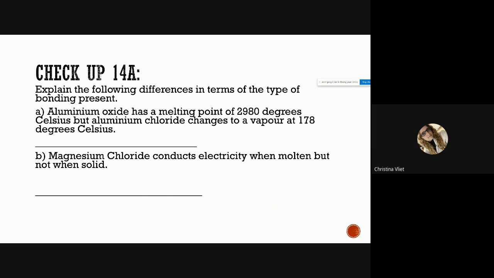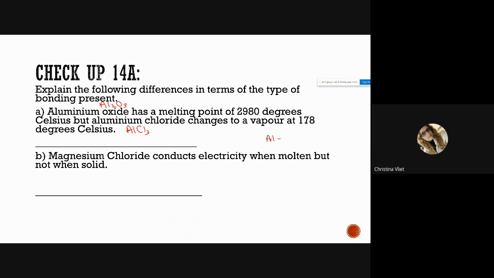Electrical conductivity. Let's answer a couple more questions from the textbook, then we're going to continue. Aluminum oxide has a melting point of 3,000, but aluminum chloride changes to a vapor at 178. What's happening? I'm just going to be quick here. Remember aluminum chloride?